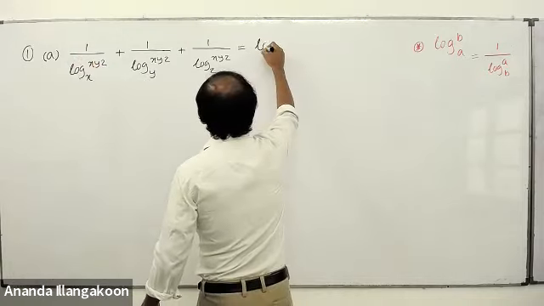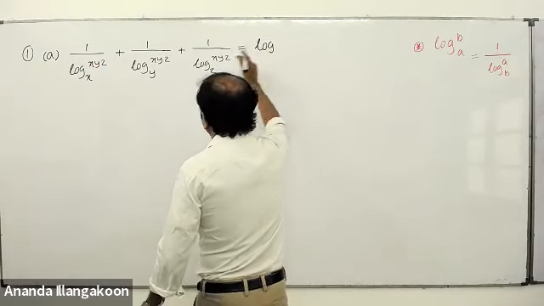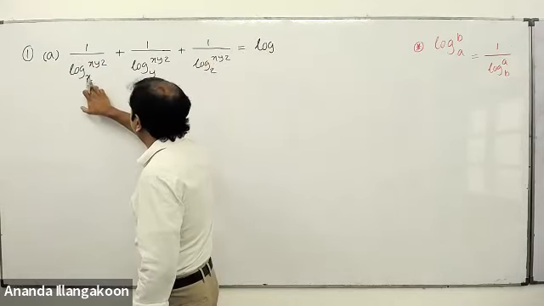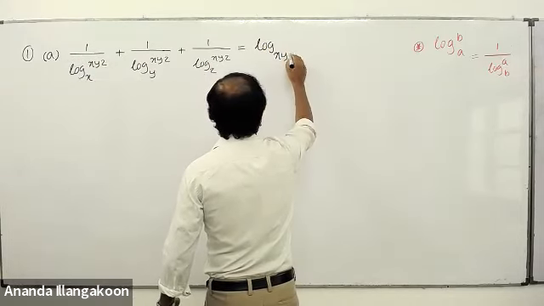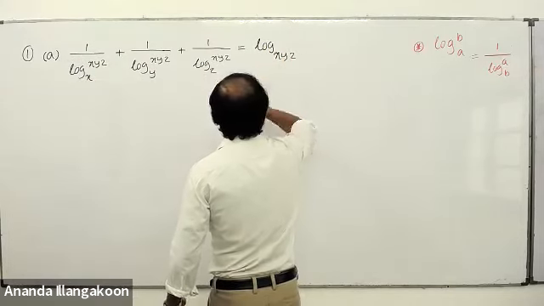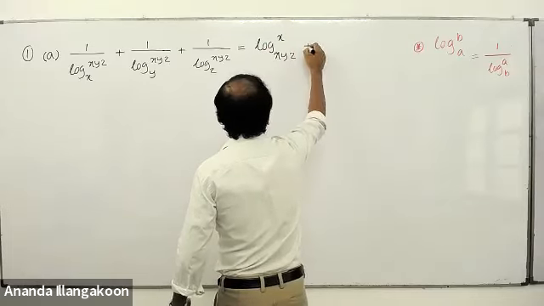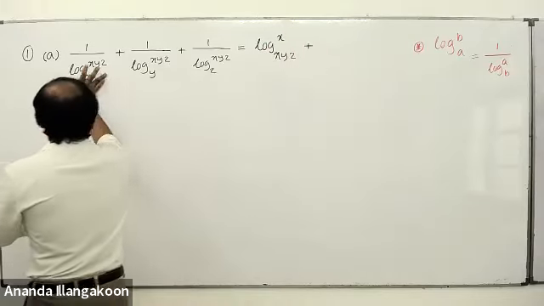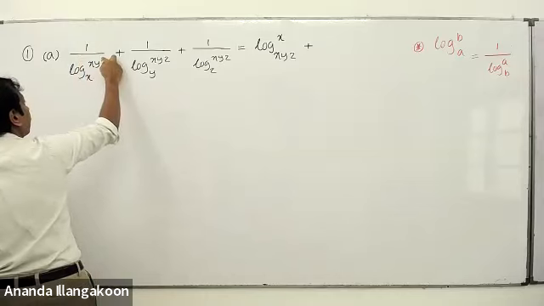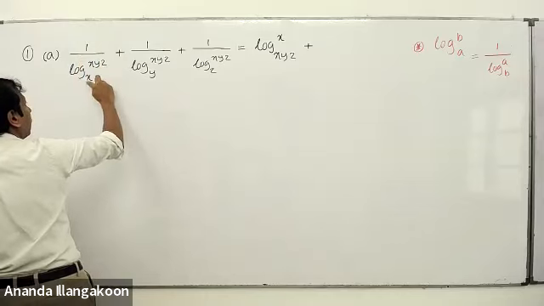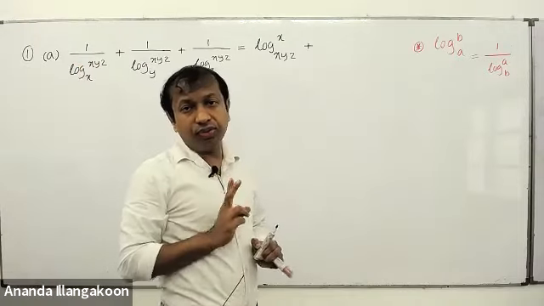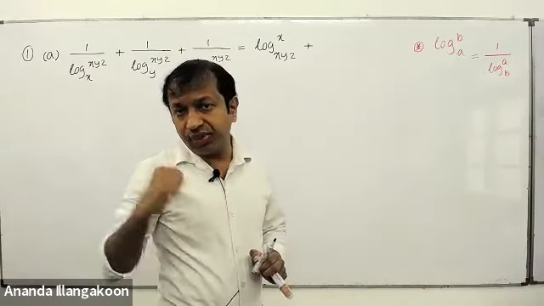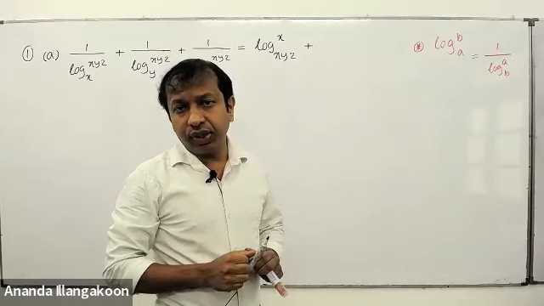Then I can write log with base xyz and x goes here. When you take this to the numerator, this xyz product comes as the base of the log, and x goes here. Like that, the rest of the two terms on the left hand side we can write using that law.